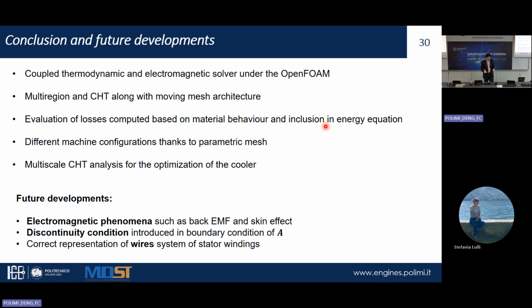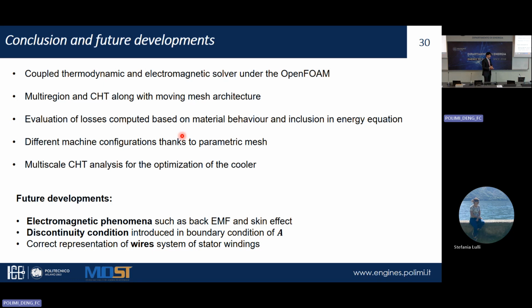For achieving this, we have implemented in the electrical motor a fully resolved solver in which we take into account moving mesh and electromagnetic effects along with the estimation of losses. And we also have a parametric configuration that allows us to generate a mesh suitable for any electrical motor and also for the cooling unit.